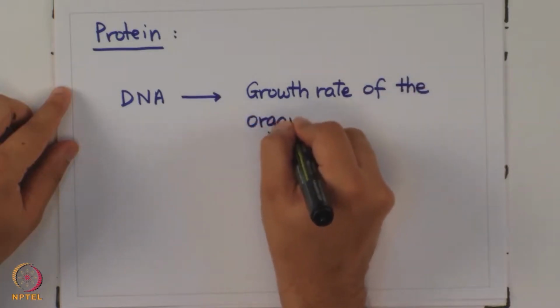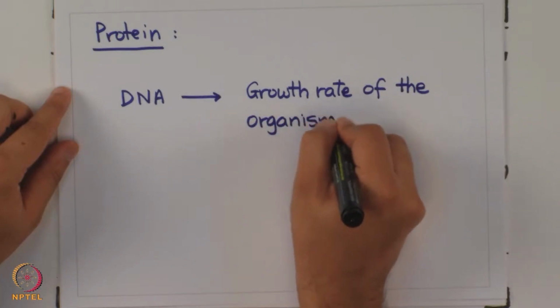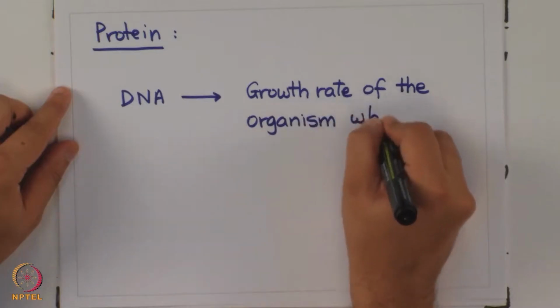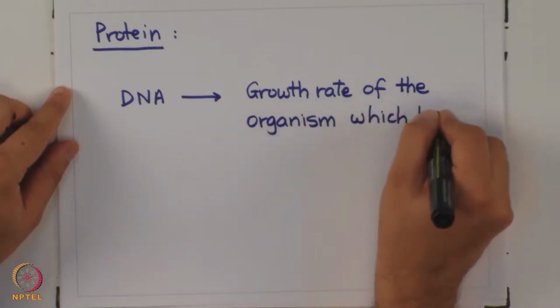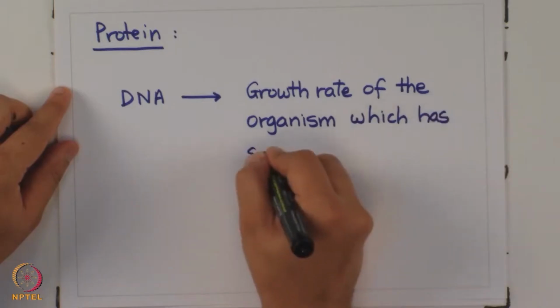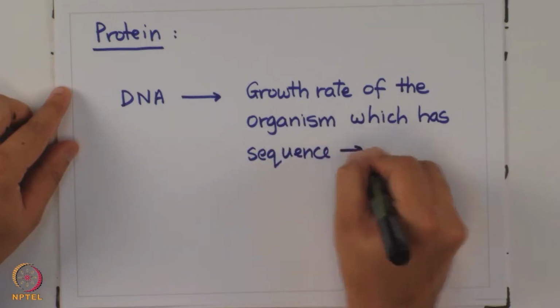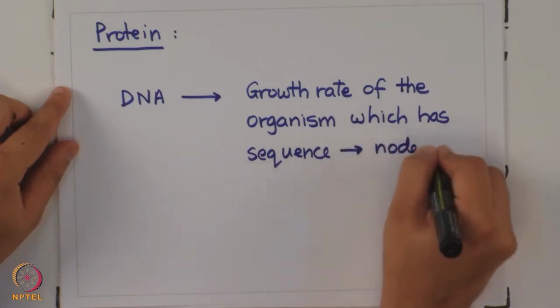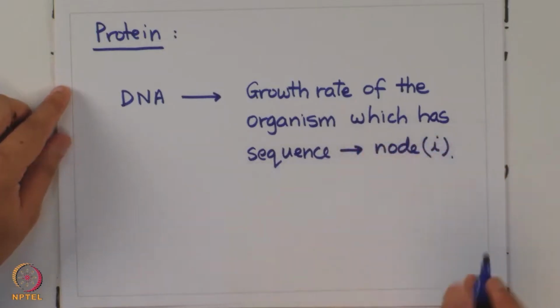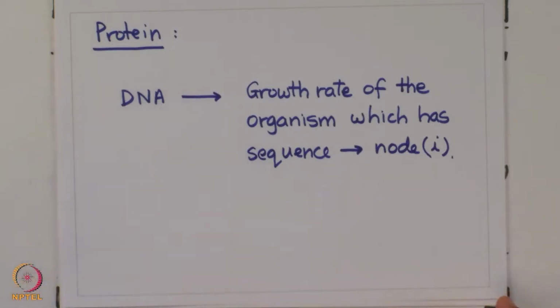We've been talking bacteria, growth rate of the organism which has the sequence corresponding to any node I in the map that I have. But clearly proteins won't grow by themselves. So what is the fitness?